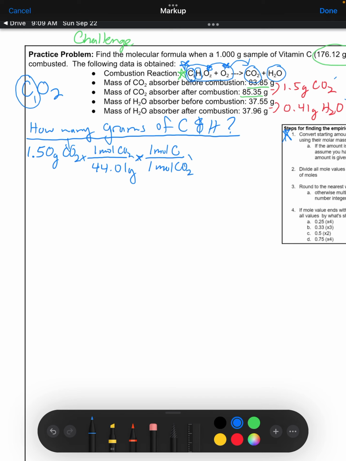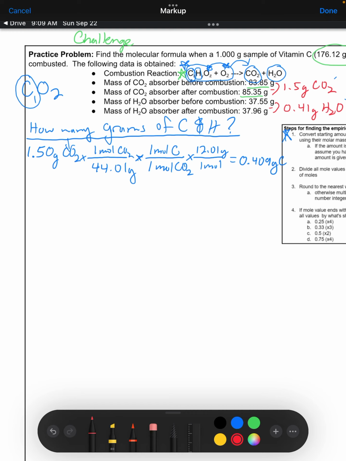Then, now that I know that moles of CO2 is equivalent to moles of carbon, I can just convert into grams of carbon like I need to do for my problem. Because I know that 1 mole of carbon weighs 12.01 grams. All right? So if I do that math all the way through, I get 0.409 grams of carbon.